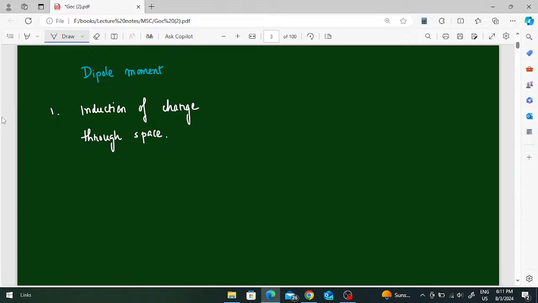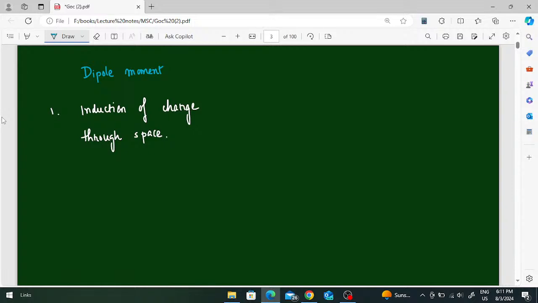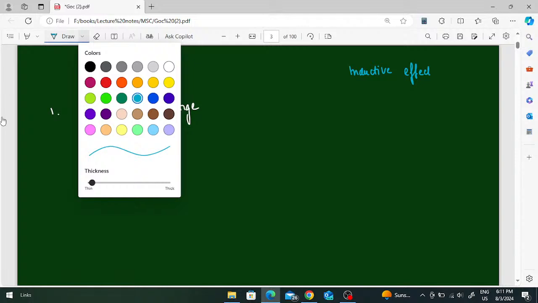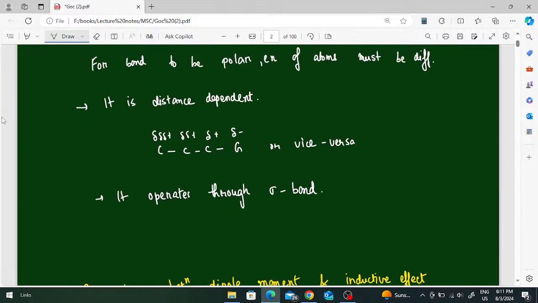Whereas if you talk about what we call inductive effect, the induction of charge is through bonds. Just to tell you once again, it operates through the sigma bond.